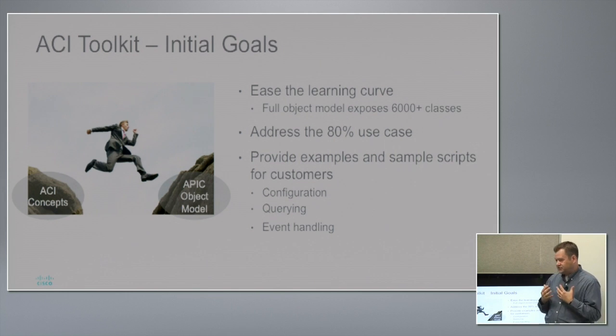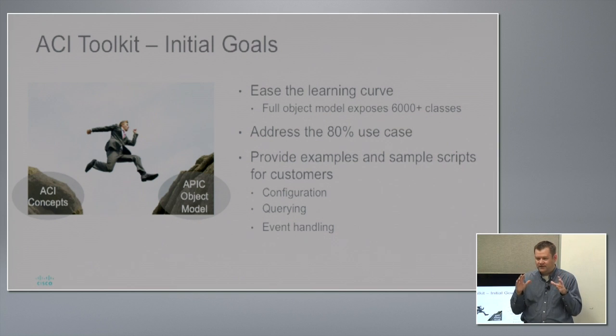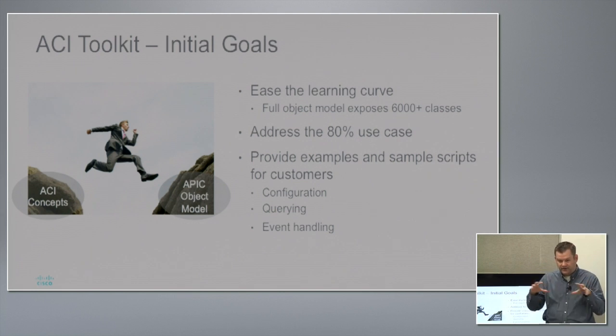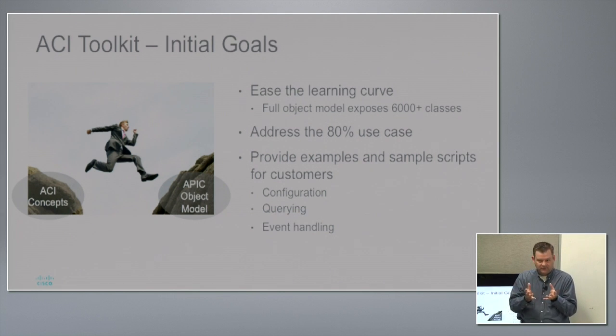So we wanted to address the 80% use case. Let's reduce the number of classes to the ones that people typically use day-to-day in normal operations, and provide as many examples and scripts as we could. So we create a simplified object model and then provide lots of examples.